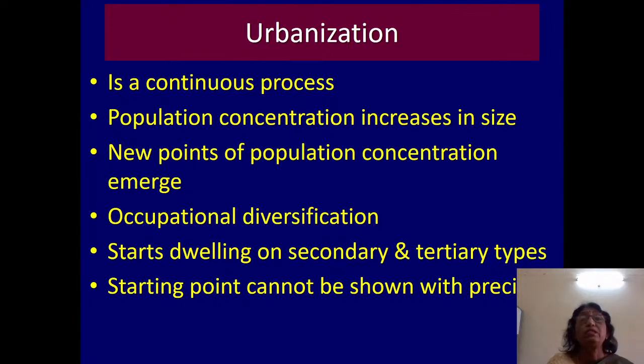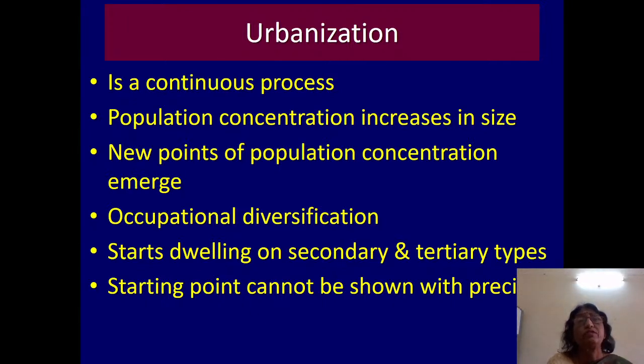Urbanization. Urbanization is a continuous process, and population concentration increases in size, and few points of population concentration emerge. Occupational diversification. People of different occupations stay together in an urban area, unlike in rural areas wherein they mainly live in the villages and almost all of them do agriculture.